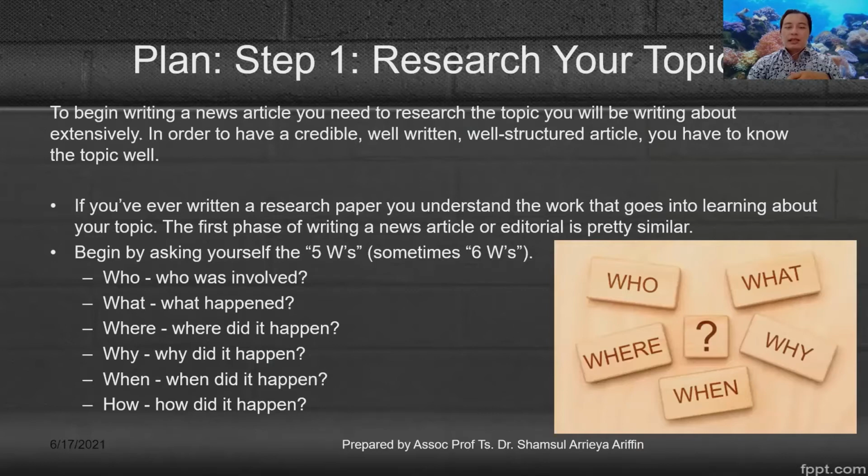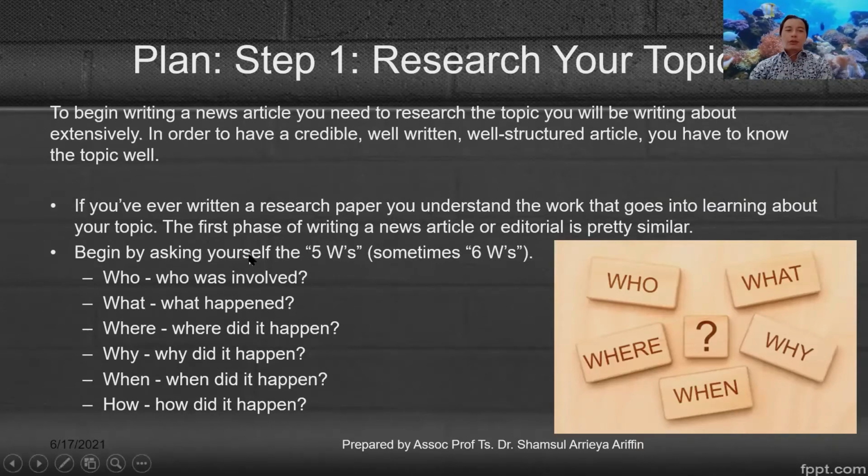This is also coming back to the WH questions that I mentioned just now, right? So let's say you are talking about vaccination challenges. You need to say who was involved in this vaccination program, the ministry or the community, and what has happened.